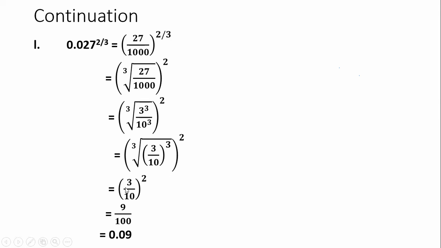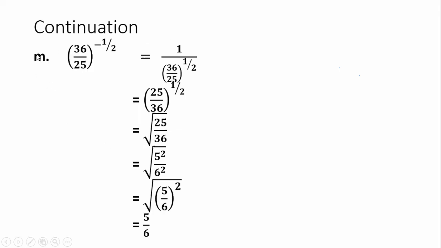And 3 over 10 bracket power 2 means 3 over 10 times 3 over 10. Numerator first: 3 times 3, numerator 9. 10 times 10, denominator 100. And since you started with a decimal fraction, your answer must also be in decimal fraction. That's 0.09. We were taught that in primary school class.